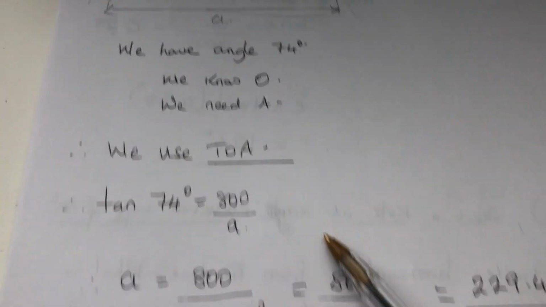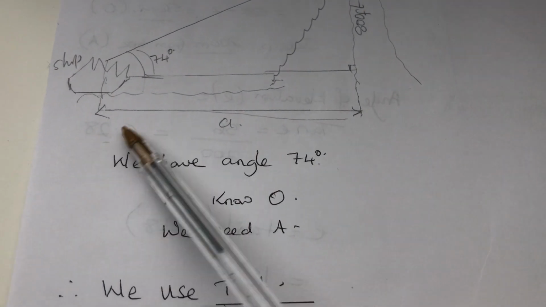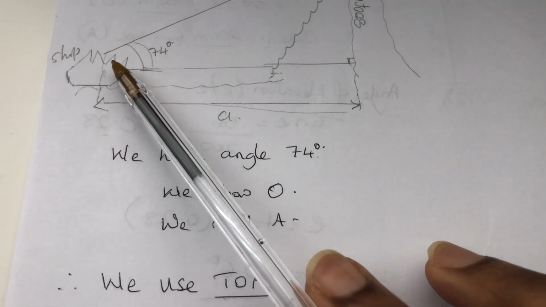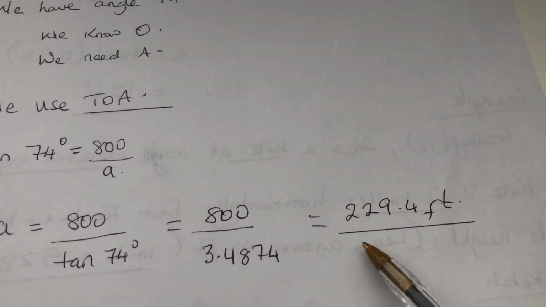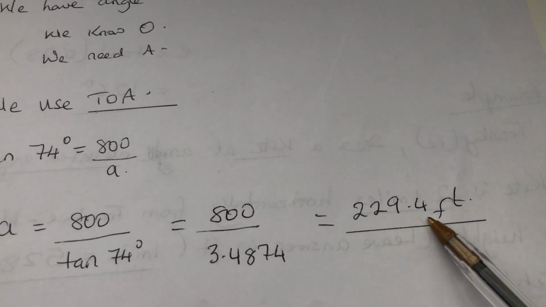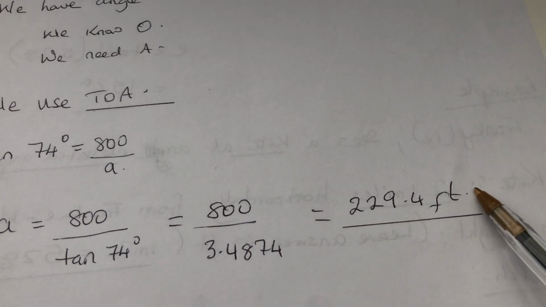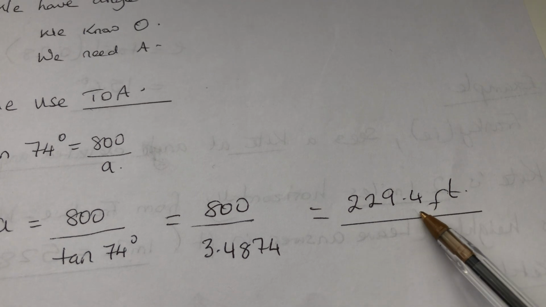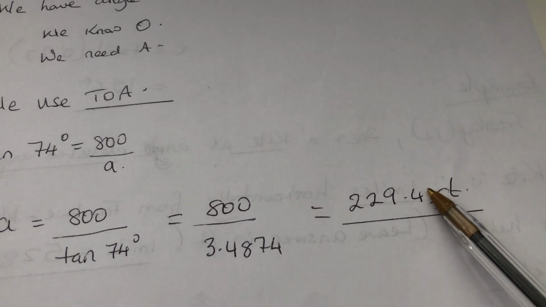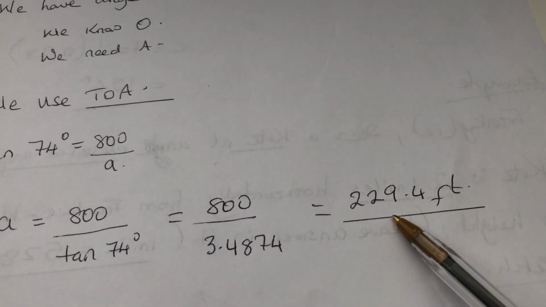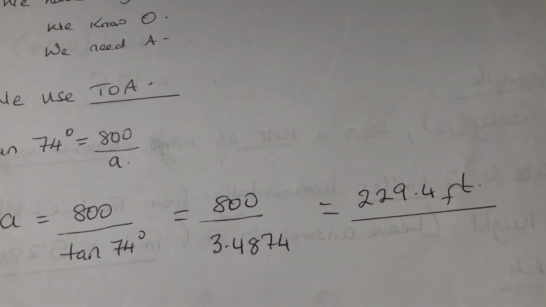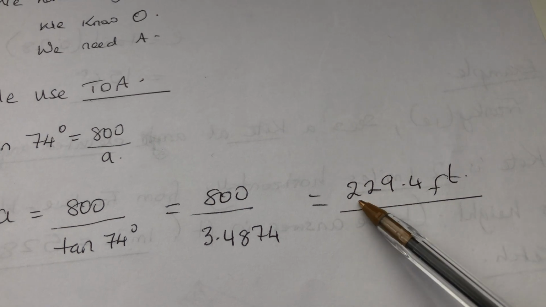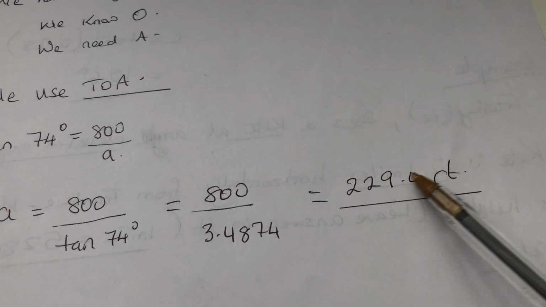So the distance A from here to here, the cruise ship, is approximately 229.4 feet, to one decimal place. If they ask us to leave it in the nearest whole number, then it would be 229 feet.